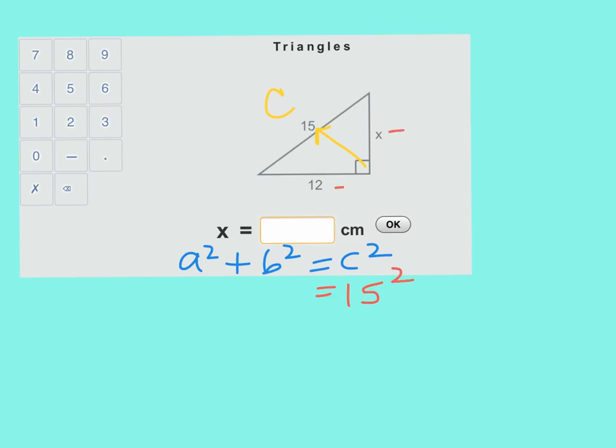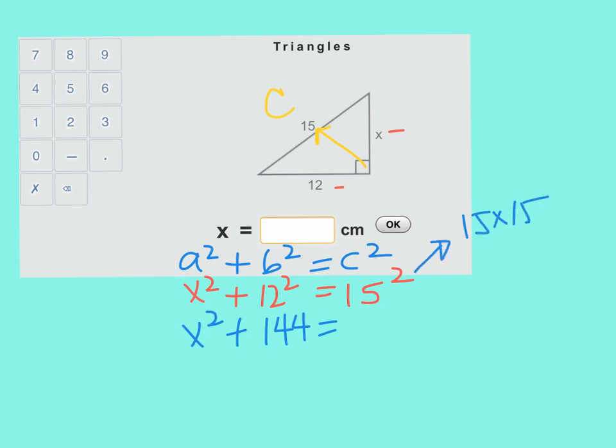So x and 12, we're going to go x squared plus 12 squared. Now, bring down x squared. 12 times 12 is 144. And 15 times 15 is 225.